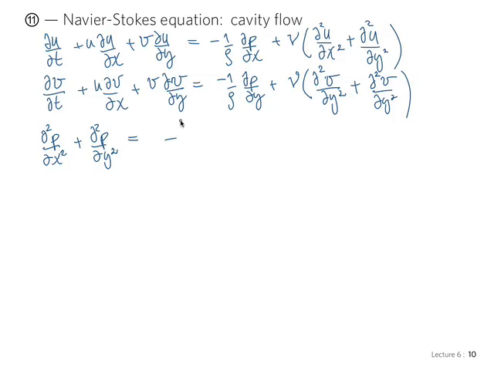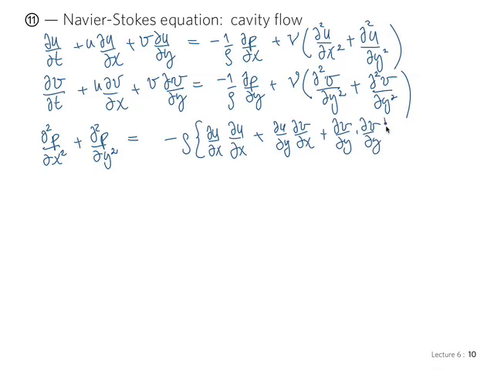So we have this term over here, which is rho times (du dx plus du dy, dv dx plus dv dy), and we have the term rho d dt of du dx.